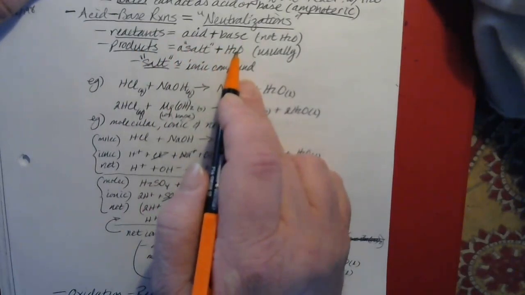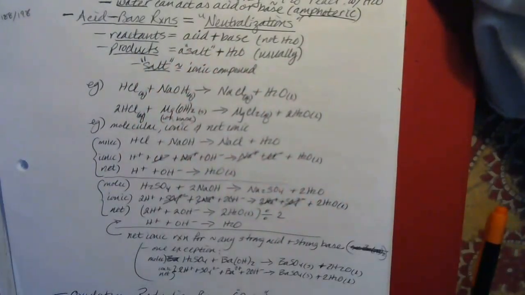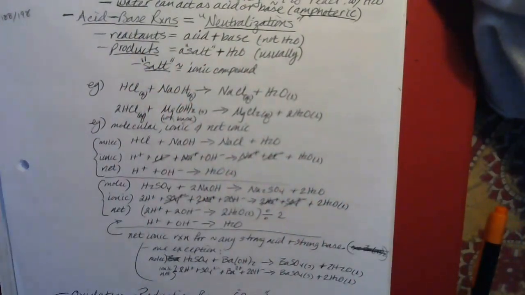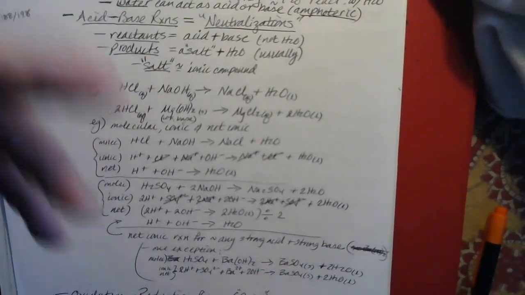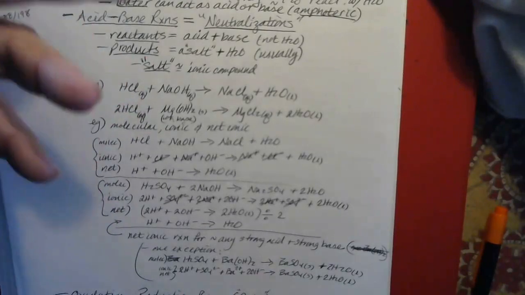So the reactants would be an acid and a base, and the products in most cases would be some form of salt and water. But in this case, by salt, what we mean essentially is an ionic compound. It's kind of a circular definition because salt is actually defined as an ionic compound that can be created by the reaction of a strong acid and a strong base.